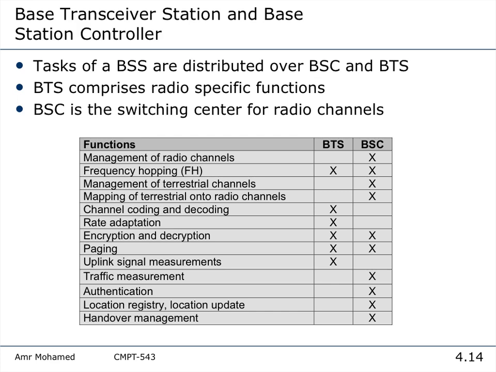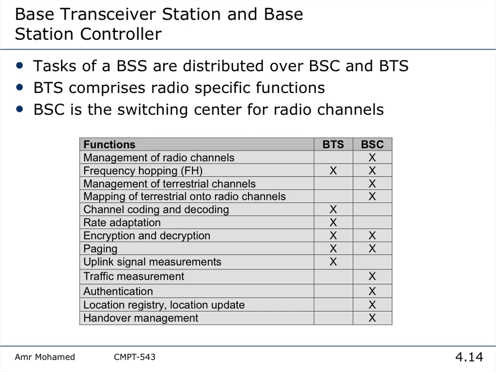Most importantly, handover. So where do I trigger handover? If the signal to a particular base station weakens and the signal from that mobile station to another base station increases, there is an intersection point where I say, okay, now I have to perform handover.